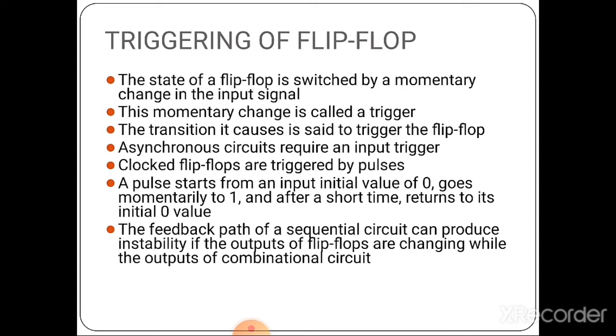When a pulse is applied to the clocked flip-flop, a transition takes place from one state to another state. So we know that for a pulse, the initial value is 0 and it goes momentarily to 1. After a short time it returns to its value 0.